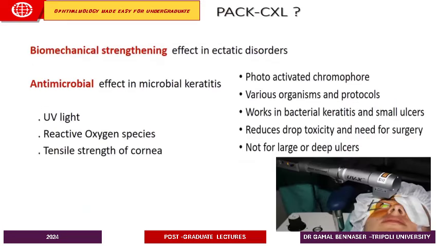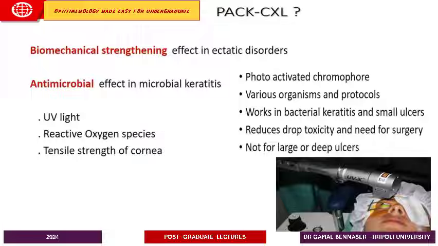Now, the photoactivated chromophore for infectious keratitis, or PAC-CXL, is one of the modalities for the management of infectious keratitis. As you know, corneal cross-linking received FDA approval as a minimally invasive intervention that utilizes ultraviolet and riboflavin.